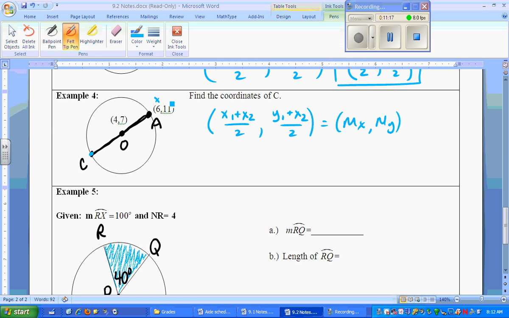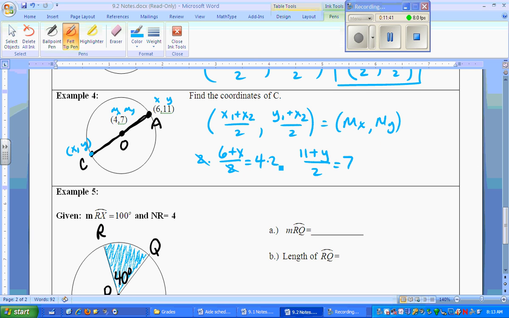So these are the x and y. This is the missing x and y, and this is the middle x and the middle y. So we have 6 plus x over 2 equaling my middle of 4. And we got 11 plus y over 2 equaling my middle of 7.